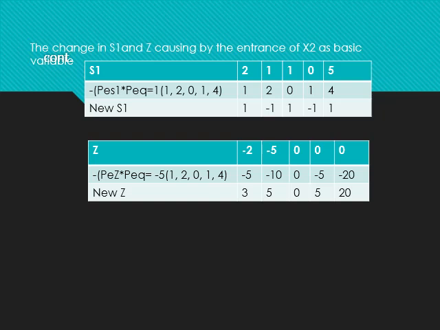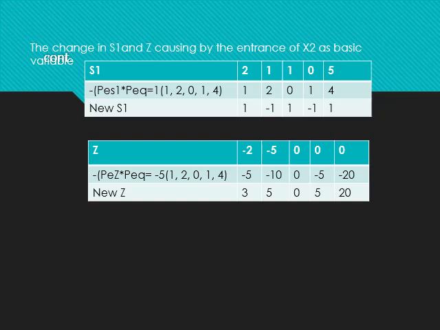Now let us check the change in S1 and Z caused by the entrance of x2 as a basic variable. How to calculate these changes?